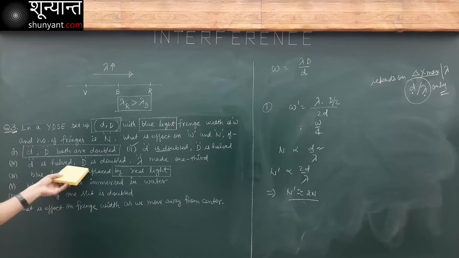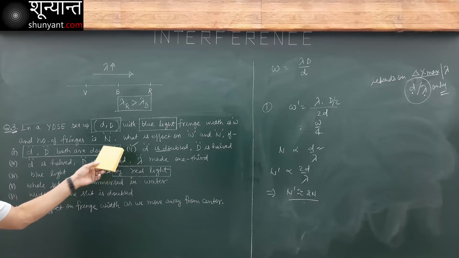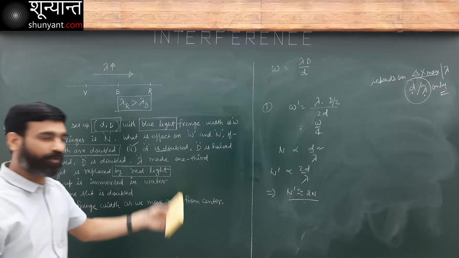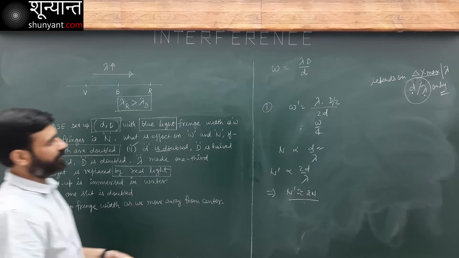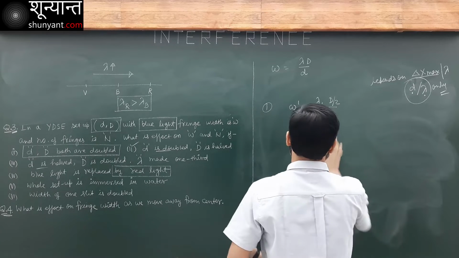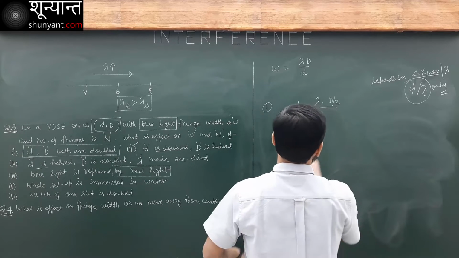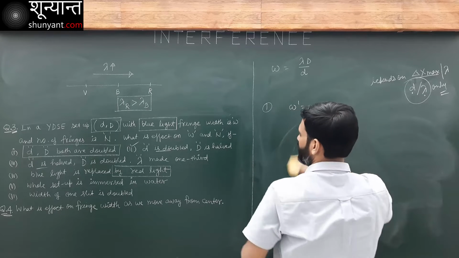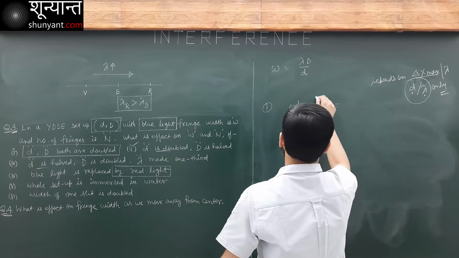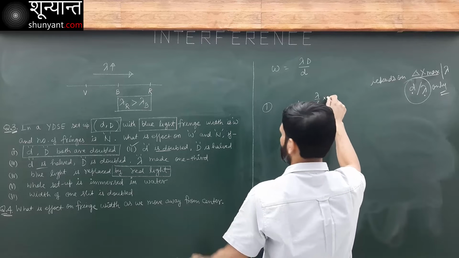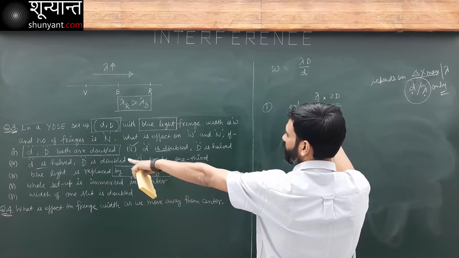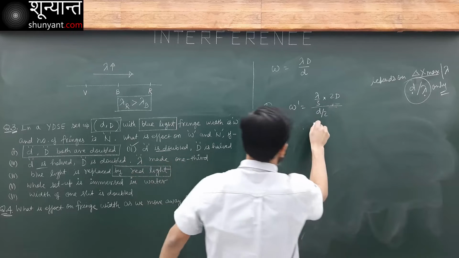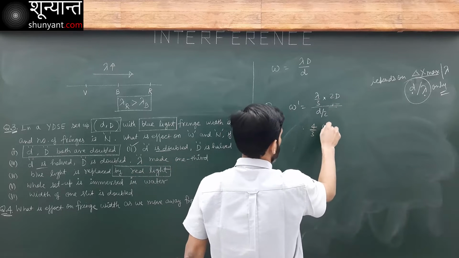Now, what about this? Small d is halved, capital D is doubled, lambda is made 1/3. You can answer it similarly using the same logic. Small d is made half. Lambda becomes lambda over 3. Capital D is doubled, over small d which is half. This becomes 4 over 3 omega.